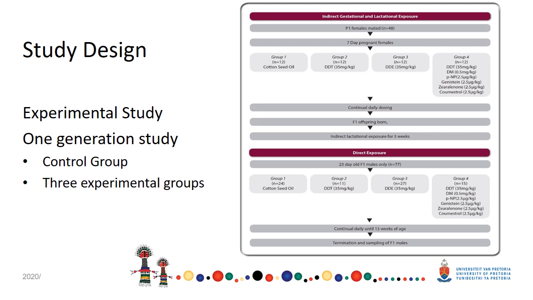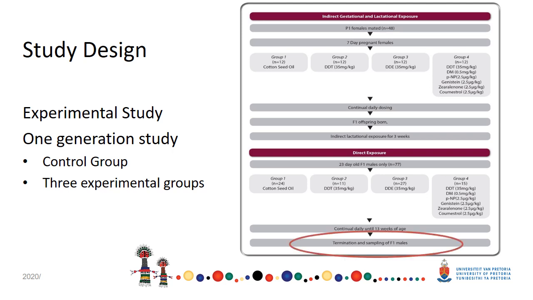Then the pups were directly exposed. For the purposes of this study, we only chose males, and the males were then split again into the control group and the 3 different experimental groups. These male pups were then exposed for 13 weeks, and at the end we terminated and we sampled.